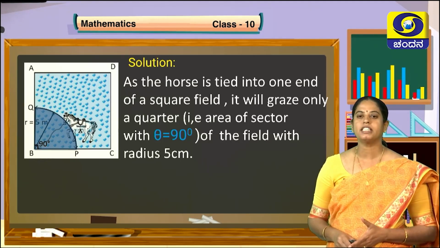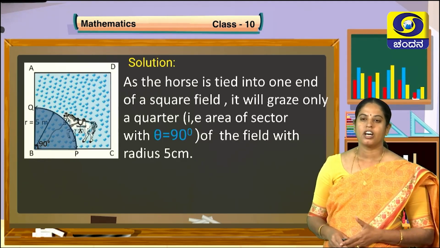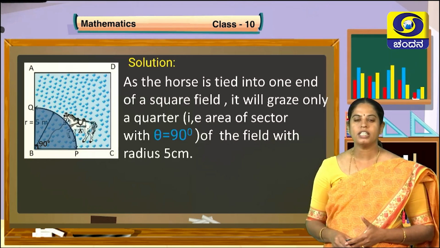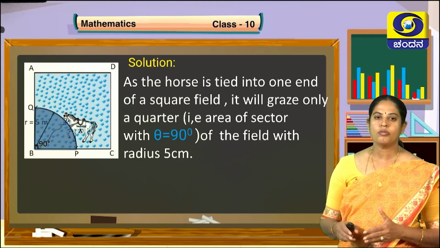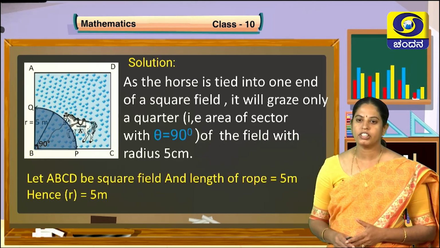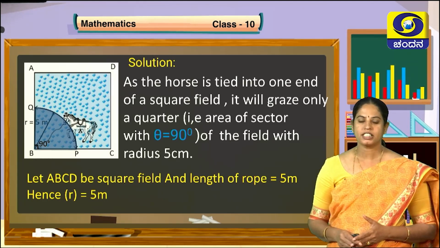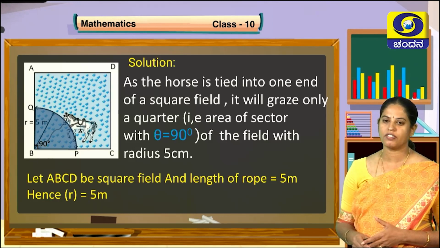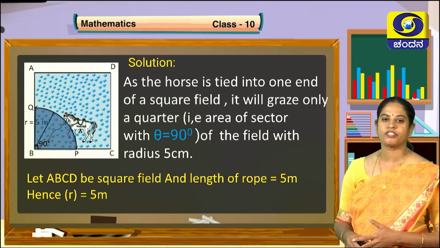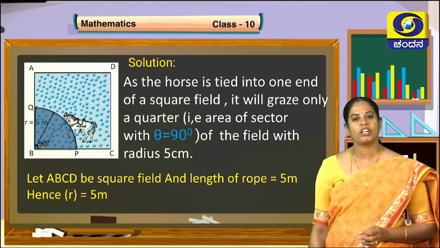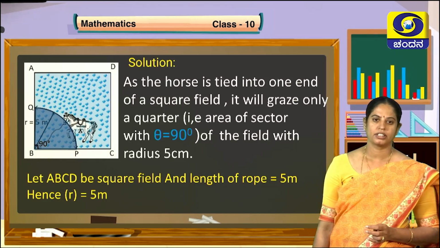If we find the area of the quadrant of the field with radius 5 meter, we can know how much area the horse can graze. To find the area, we need to find the radius of the quadrant. So, since let ABCD is the square field and length of the rope is 5 meter, the radius of the quadrant is also 5 meter.